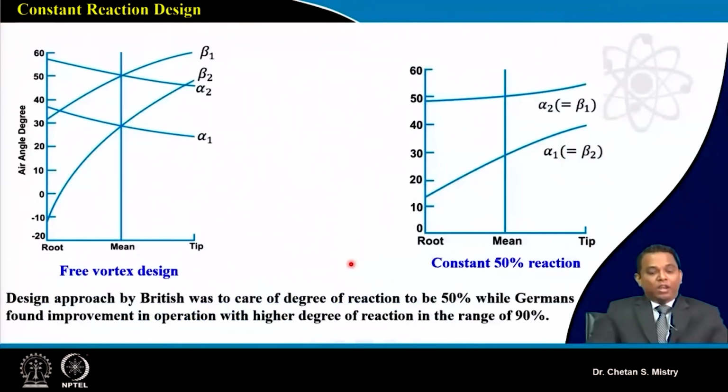Okay. Now let's try to compare these two configurations. Suppose I consider conventionally we are discussing the free vortex design. So here this is representing how my angles will vary from hub to tip.